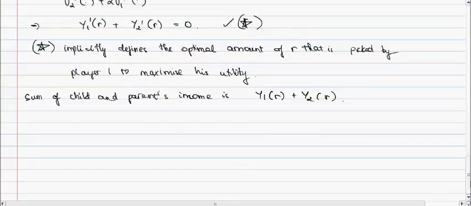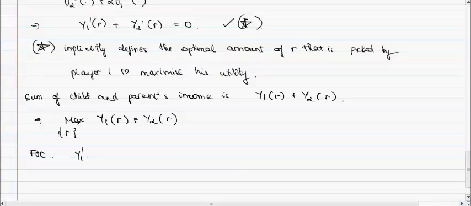So if the child is picking an amount of r in order to maximize this objective function, then the first order condition is going to be the differential of this objective function with respect to r. So it's going to be y1 dash of r plus y2 dash of r equal to 0. If you compare the star condition over here and the condition over there, they're exactly the same thing.